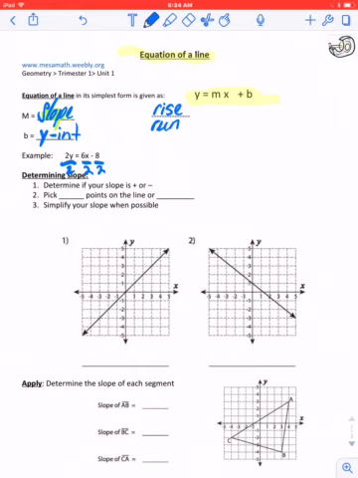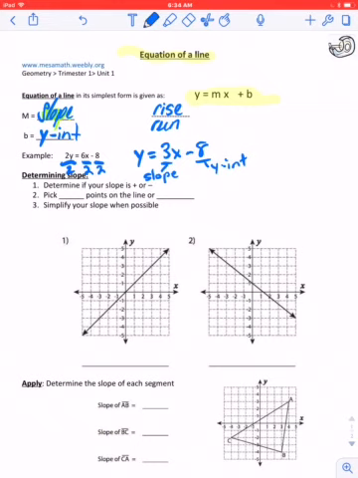And we have to do it to both sides of the equation. So here we'd end up with y is equal to 3x minus 8, where the 3 would be our slope, and this would be our y-intercept, which would of course be negative 8, and our slope would be positive 3 over 1.